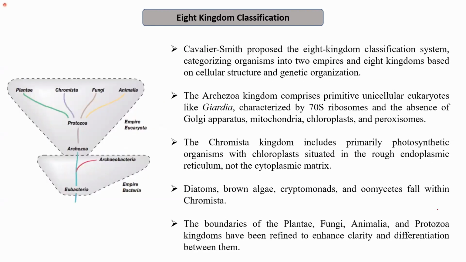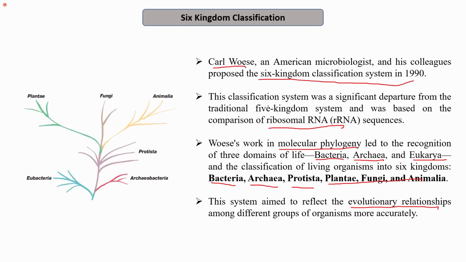The next and more detailed classification is of Cavalier-Smith. Smith proposed the 8-kingdom classification system. Till now we were studying the 5 kingdom or 6 kingdom, but Smith proposed the 8 kingdom classification system. And here he has used the terms empire and kingdom. In the 6 kingdom classification, two terms were used, domains and kingdoms.